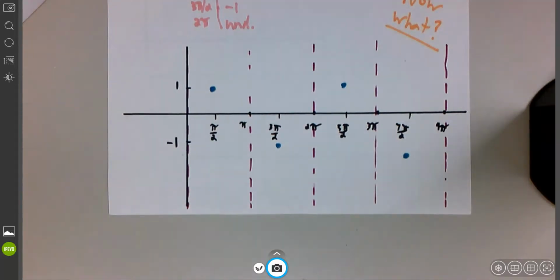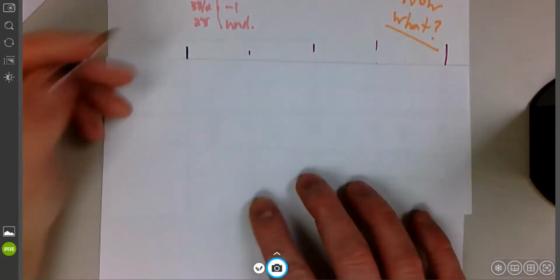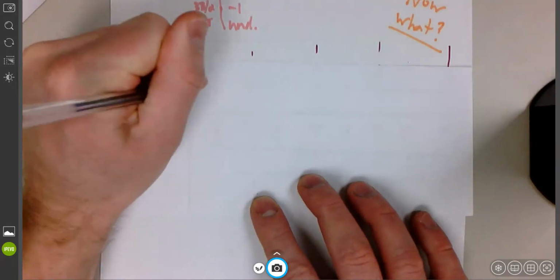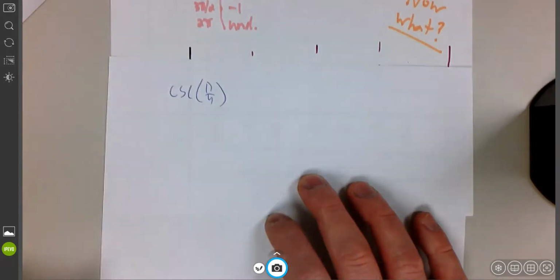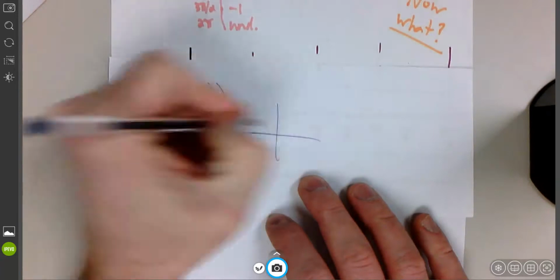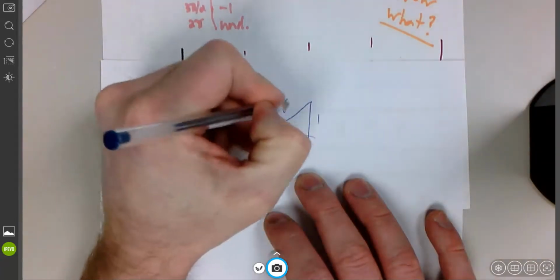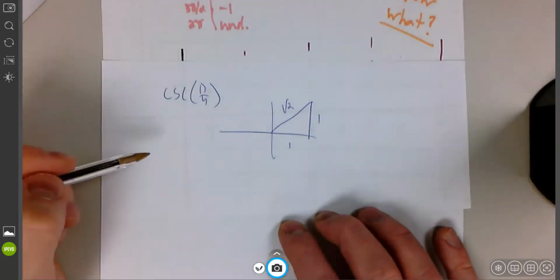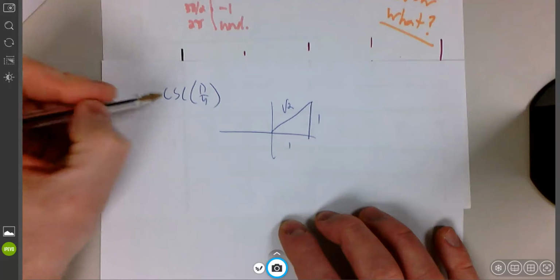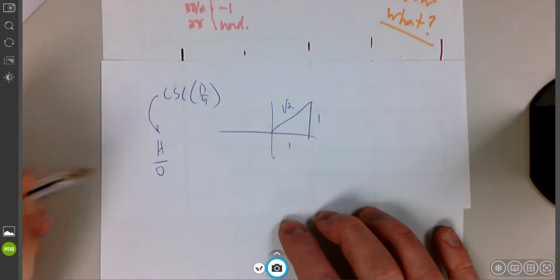Well, these aren't the easy ones, right? If I was going to do pi over 4, so we want to find the cosecant of pi over 4, which we are all capable of. Pi over 4 is in the first quadrant. Looks like that. It's a 1, 1, square root of 2. Sine is opposite over hypotenuse, so cosecant is hypotenuse over opposite.